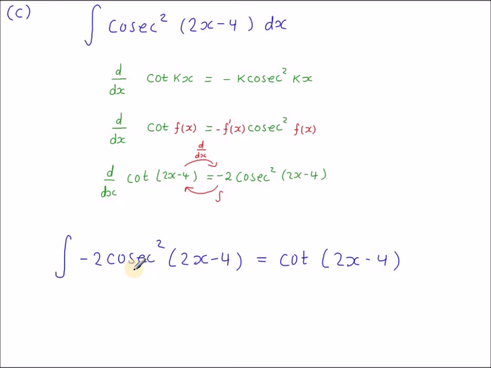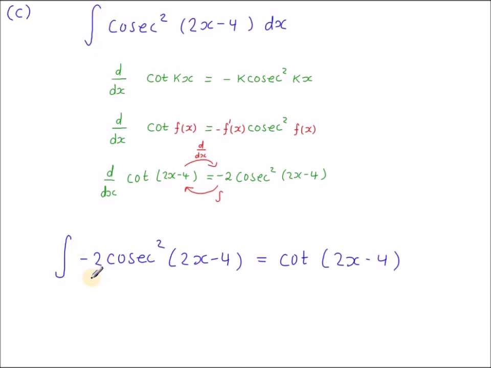It's almost the same as what we want to integrate. Now one thing you can do when you're integrating, if you have a standard formula or some result written down, you can multiply or divide both sides by a constant. Not adding or subtracting, but multiplying or dividing by a constant on both sides is allowed. What you can't do is multiply or divide by a function of x or any x term, but constants are allowed. So I need to get rid of this minus 2. There's no minus 2 in the question.